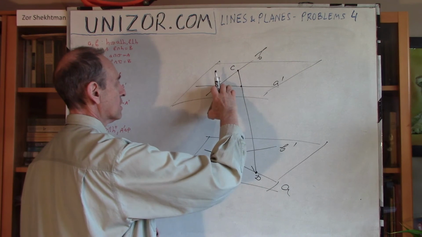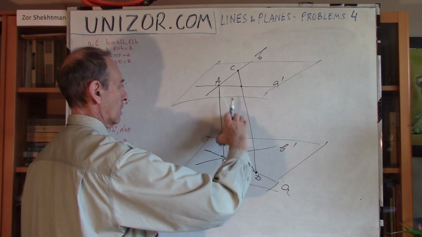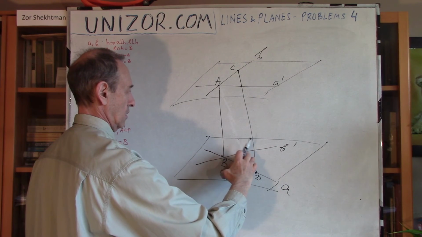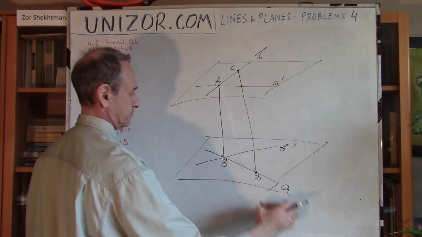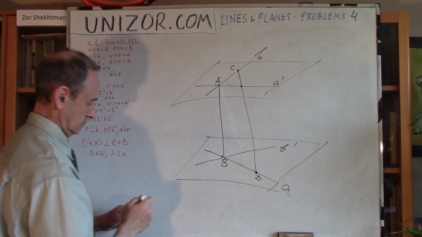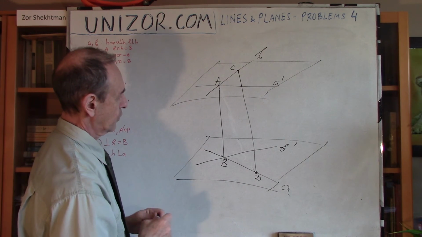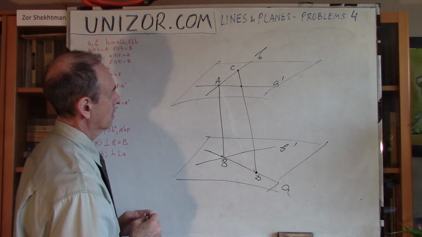So we should assume that they are all different. Okay. All points are different. So now we have to prove their uniqueness.